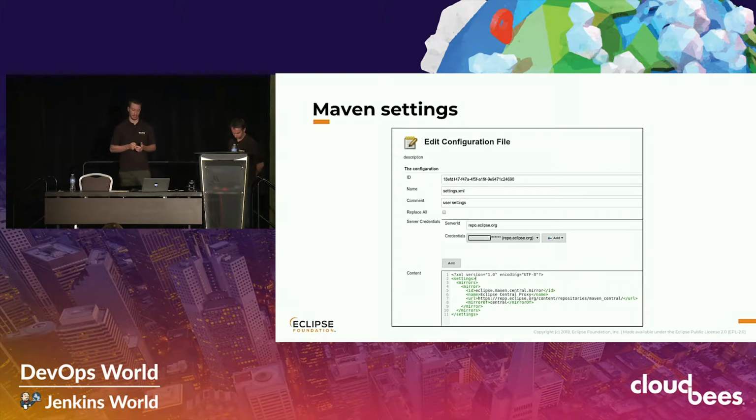But as I mentioned, it provides support for the credentials plugin. So you can define username and password in the Jenkins credentials, and then inject them into the Maven settings file dynamically. And this works fine, at least for our Nexus instance.